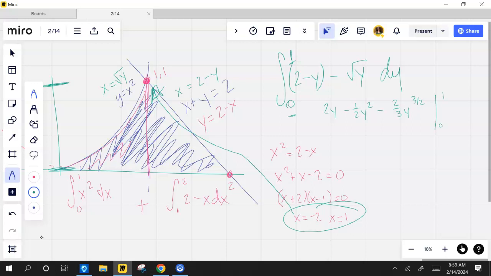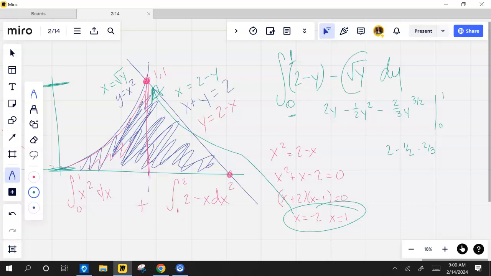And I'm going from 0 to 1. 2 minus 1/2 minus 2/3. A half plus 1 would be 3/2, right? And then divide by that.